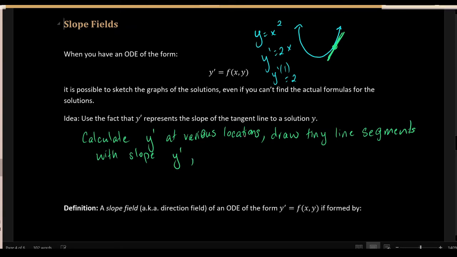And then we're going to, in some sense, string together those tangent line segments to construct a sketch of the graph of the solution.